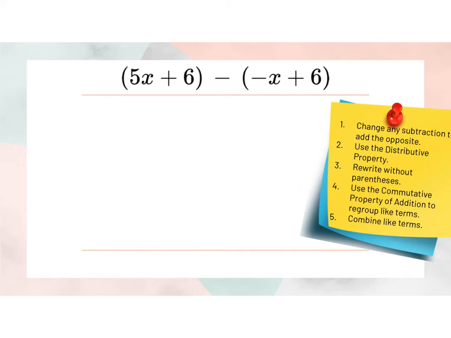The steps for subtracting linear expressions are exactly the same, except you'll always have some subtraction to change to add the opposite. When there is a subtraction sign, I always prefer to write a coefficient for the parentheses that follow. So for example, here we've got 5x plus 6 minus the sum of -x plus 6.